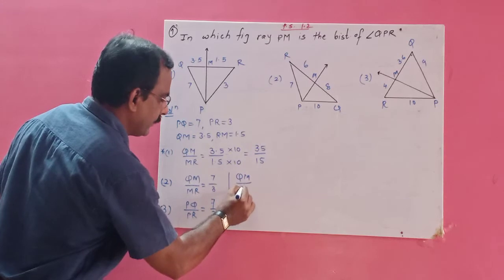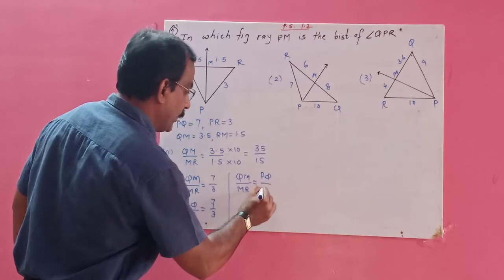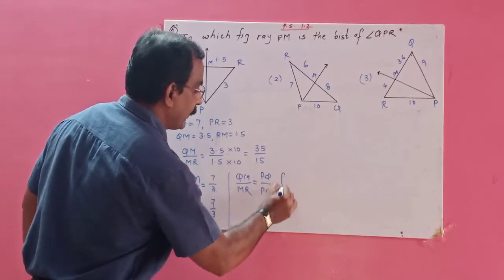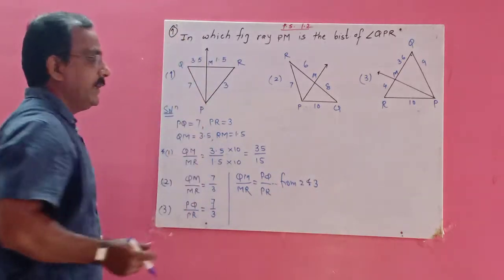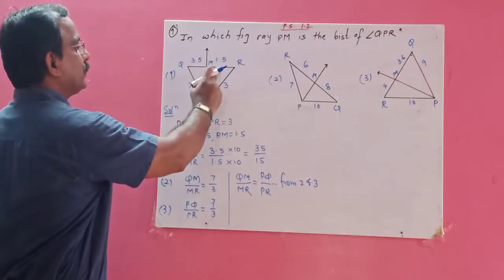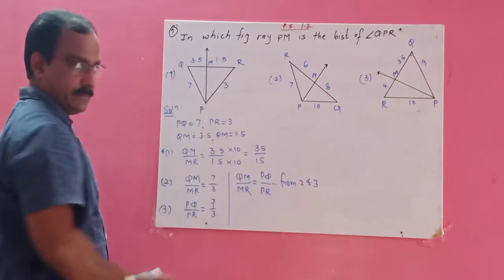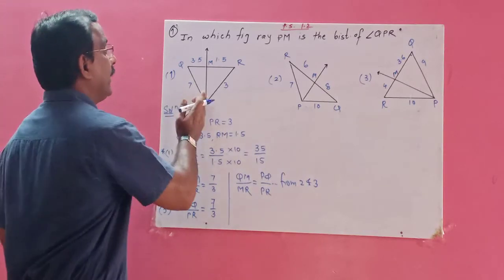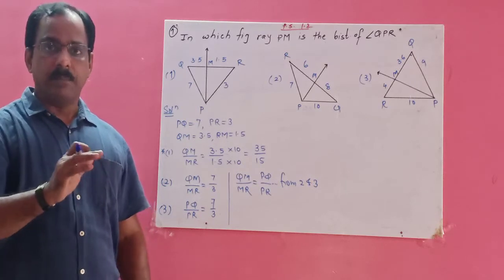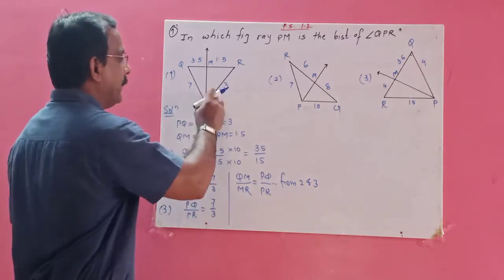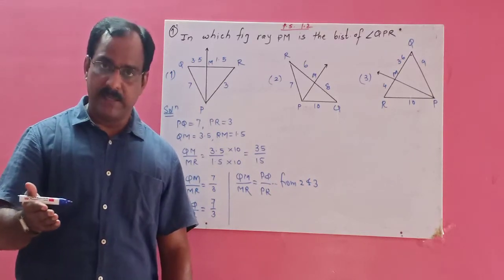So children, you got that the ratio of these two segments is equal to the ratio of the remaining two sides. So what can you say about PM? This PM becomes the angle bisector of angle P. Why? What is the reason? We have done the converse of angle bisector theorem.